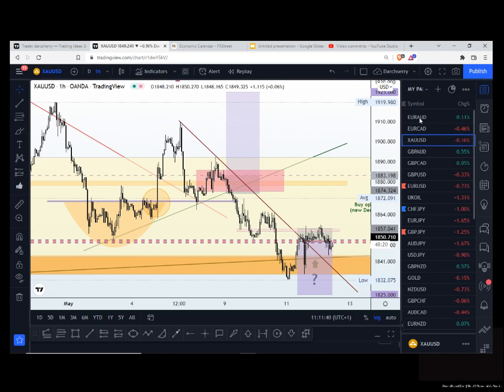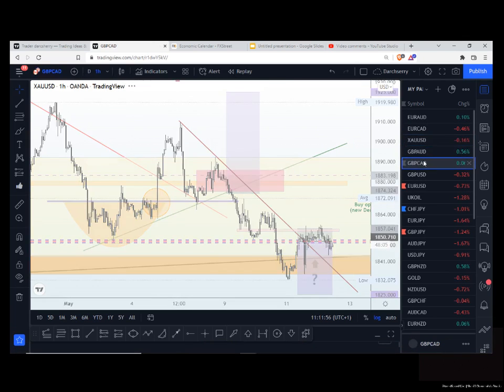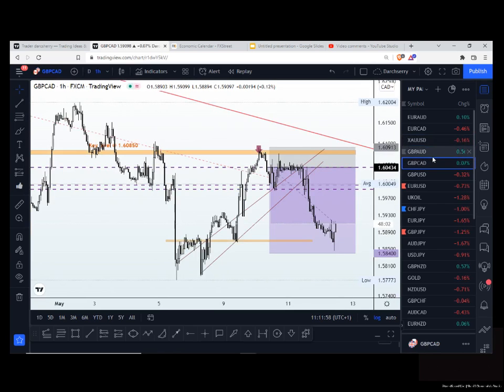Let's review the analysis we made yesterday. And the first pair we want to be looking at is the GBP CAD. Did anyone take this trade yesterday?